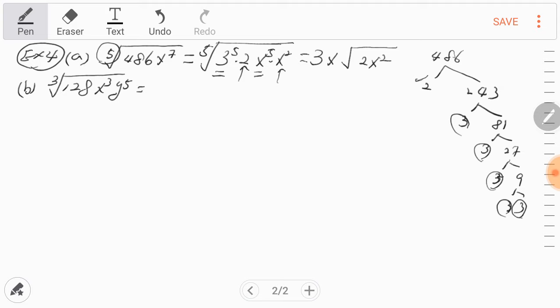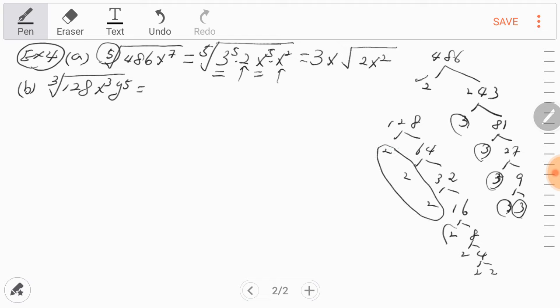Okay, how about the next one? The index is 3, so let's make something to the third power. So 128, we can start with 2, then 64. 64, you can start with 2, it's fine. 2 times 32, then 2 times 16, 2 times 8, 2 times 4, 2 times 2. So we can make it 2 cubed times 2.